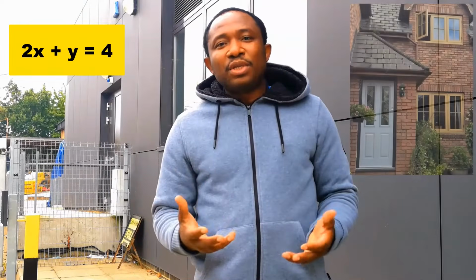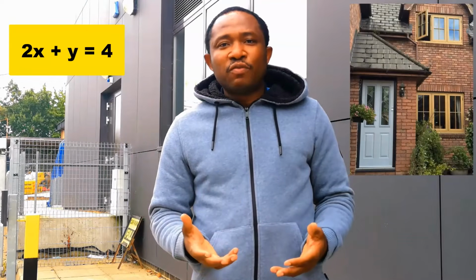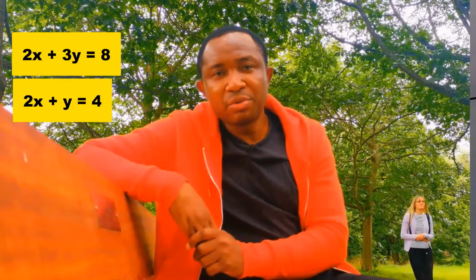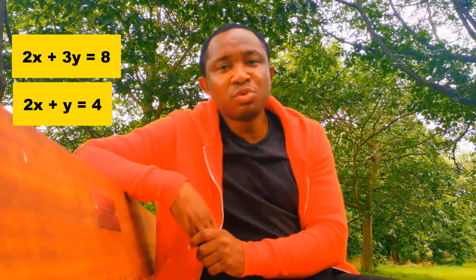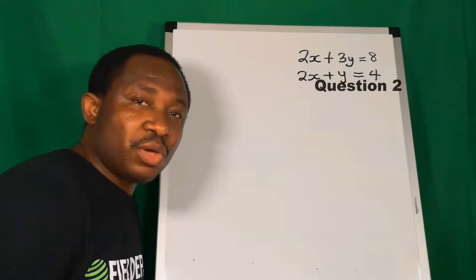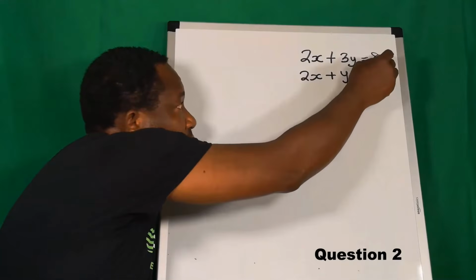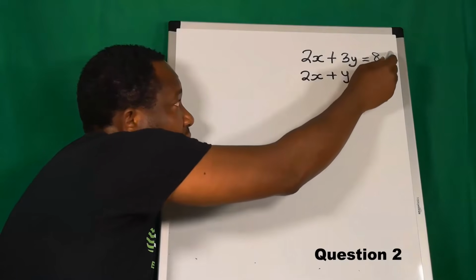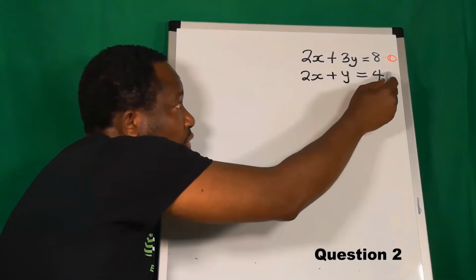The second building has an equation of 2x plus y equals 4. Now you can see we have two equations to solve simultaneously. Here we have equation 1 and this is equation 2.